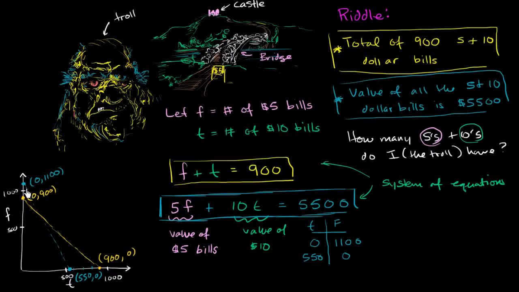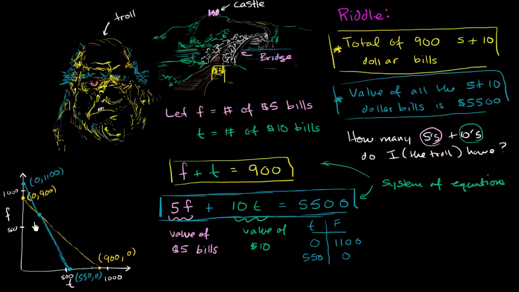So every point on this blue line represents an f-t combination that satisfies the second constraint. So what is an f and t, or number of 5s and number of 10s, that satisfy both constraints? Well, it would be a point that is sitting on both of the lines. And that's where they intersect. This point right over here is clearly on the blue line, and it is clearly on the yellow line.